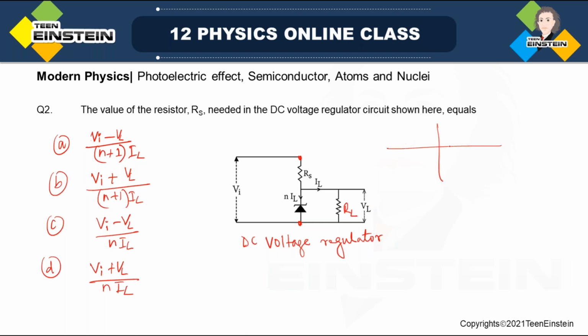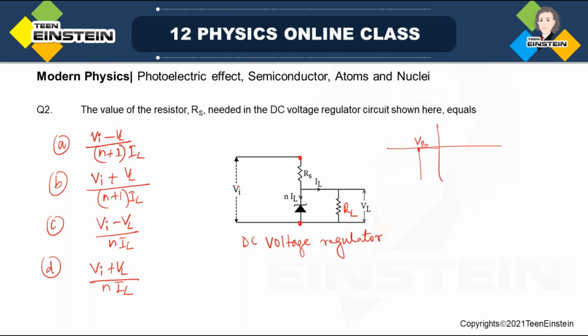If you remember, the Zener breakdown voltage is always VB. In reverse bias the current is changing like anything, but the breakdown voltage is not at all changing. So at the breakdown region, if we use this Zener diode, voltage doesn't change even though current changes.